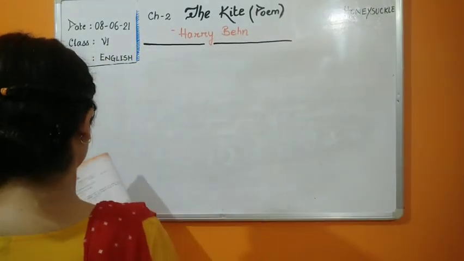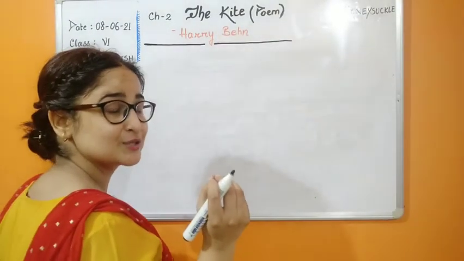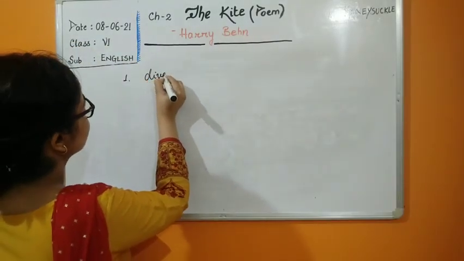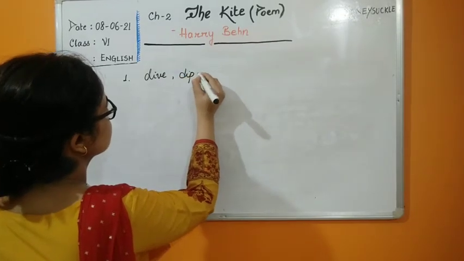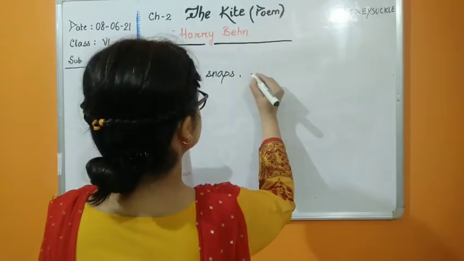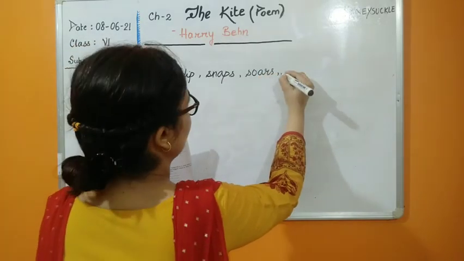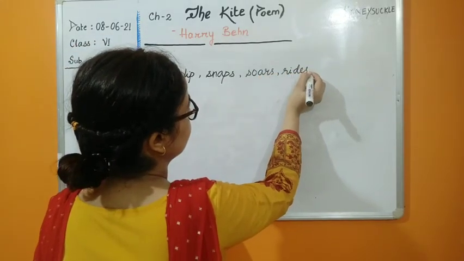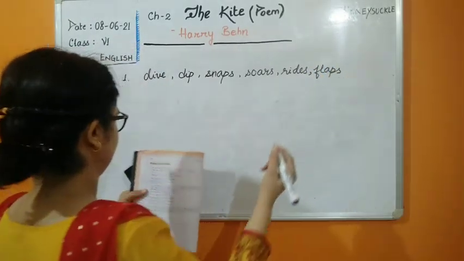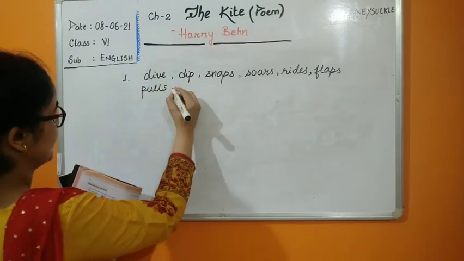Number 1, you have to write the question and answer both. Okay, so I'm just writing the answer. You have dive, dip, snaps. What you have to write are these words: soars, rides, flaps, pulls, run.